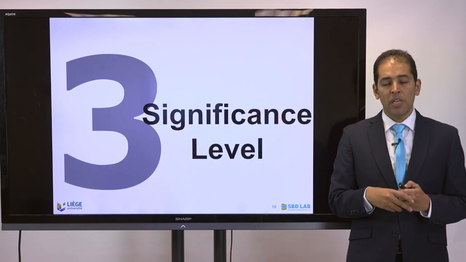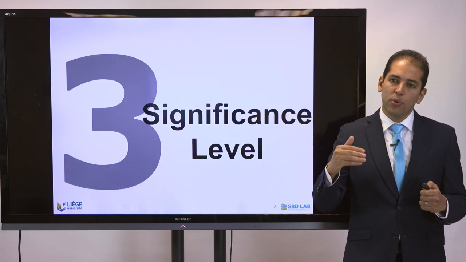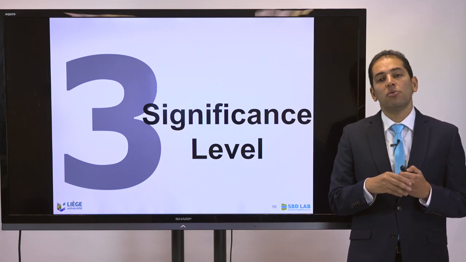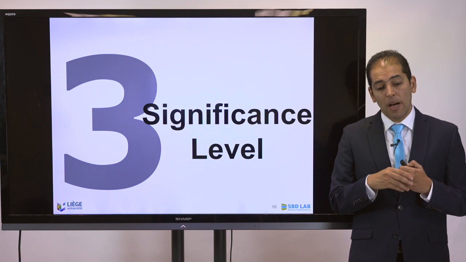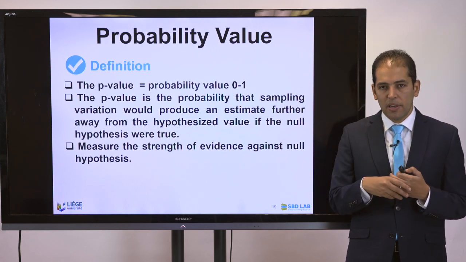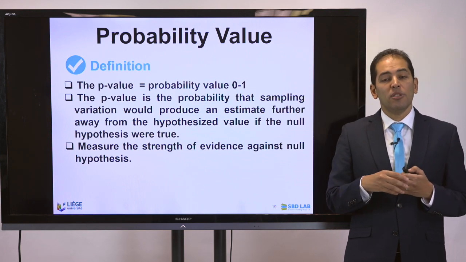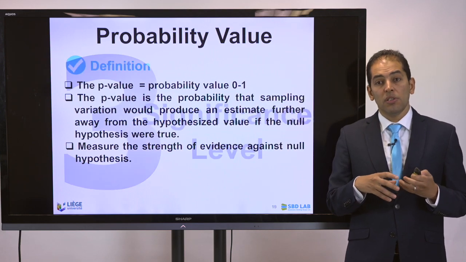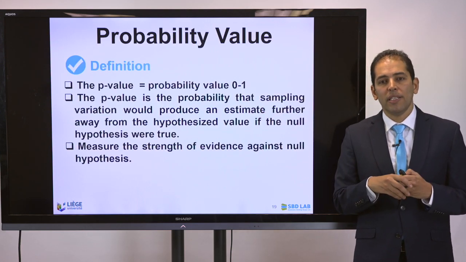Now let's move to another important test that we need to take into account when we try to compare our sample to the population. We look at the significance level. Allow me first to talk about probability as a basic foundation for the significance level of our tests.